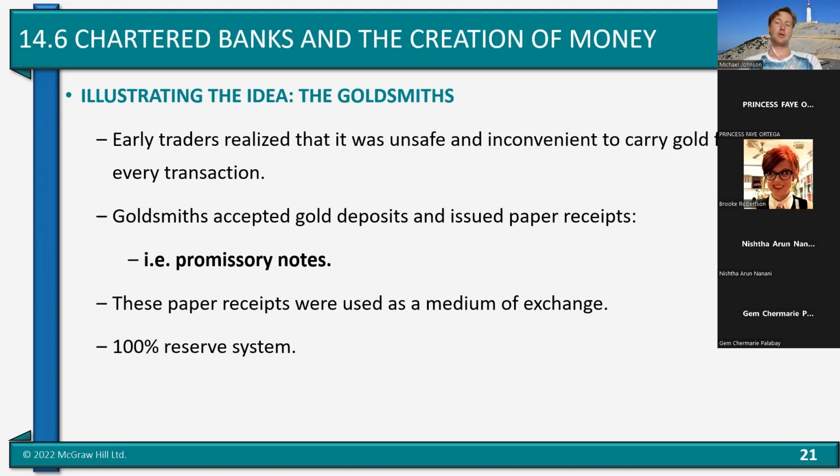Then eventually they just got rid of the gold and it was just paper receipts, when they got rid of the gold standard. That was how modern money was created.